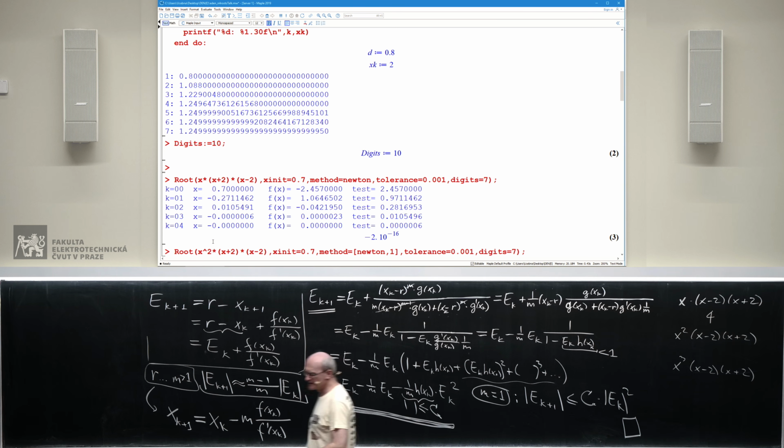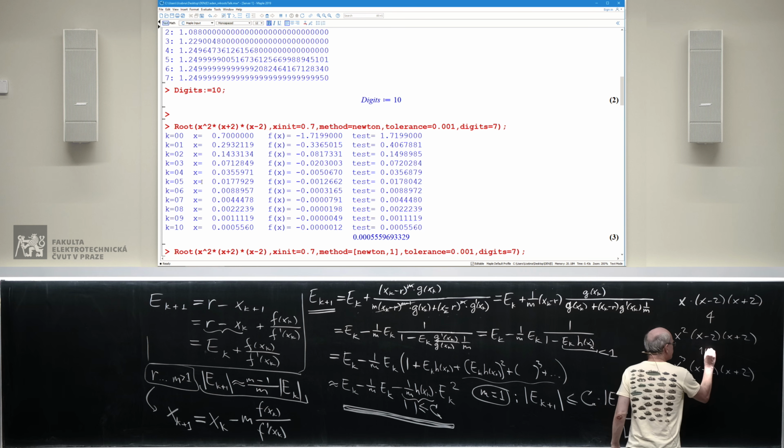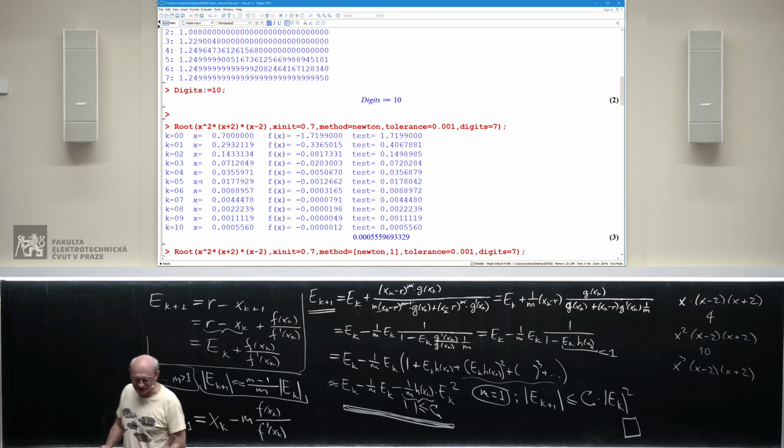Now let's go back and put square there. And when I do that, and I start from the same x0, suddenly it takes 10 iterations to get there. So you can see the slowness, the sudden slowness of the Newton method.